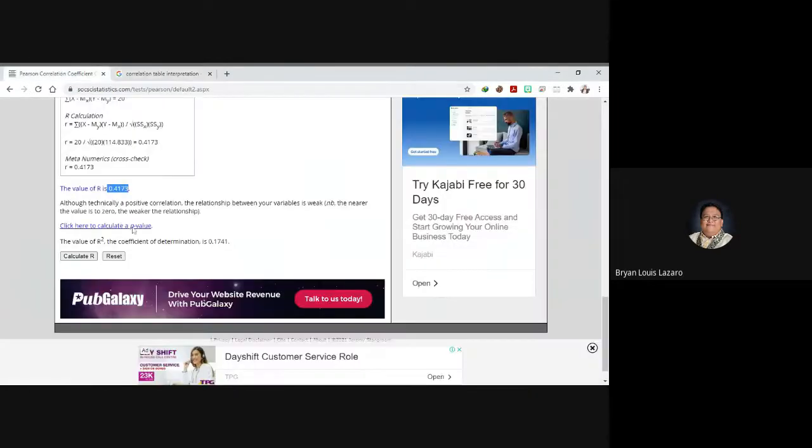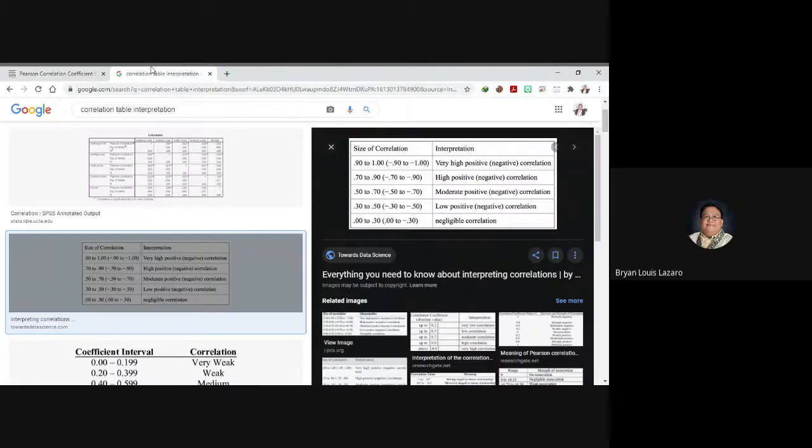What if naging negative 0.4 siya? Saan siya mag-fall? Negative 0.4. Low pa rin, low negative correlation naman siya kasi negative siya.